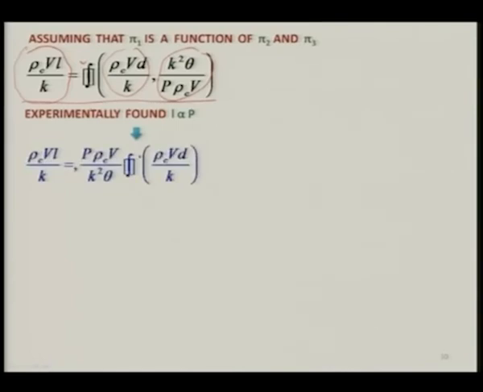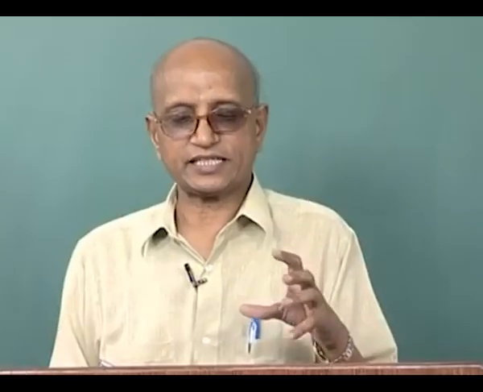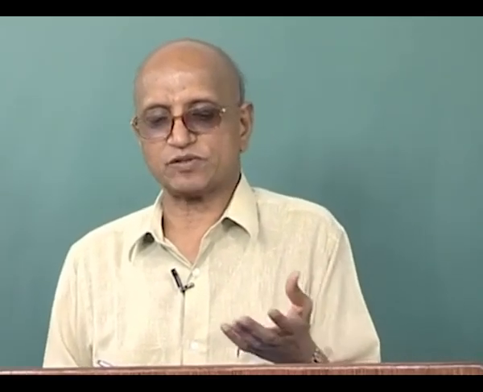Now we know that pi 1 is linearly affected by pi 3, and it is linear because this length or depth of penetration is a direct function of the power p. We know this experimentally as well as theoretically, that depth of penetration should be a direct function of power p.